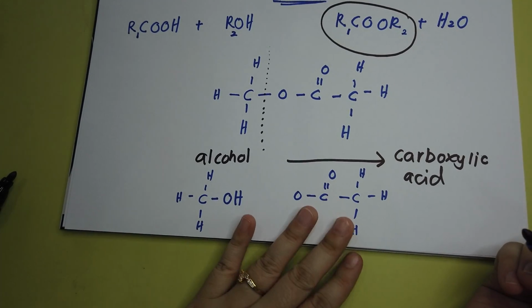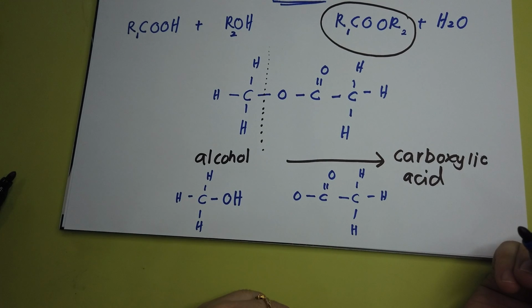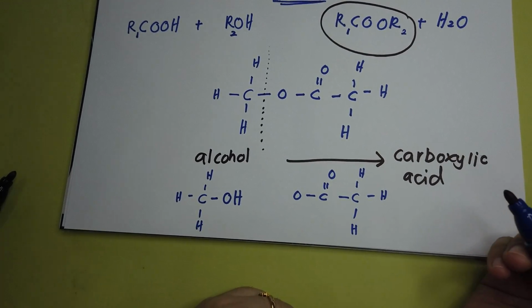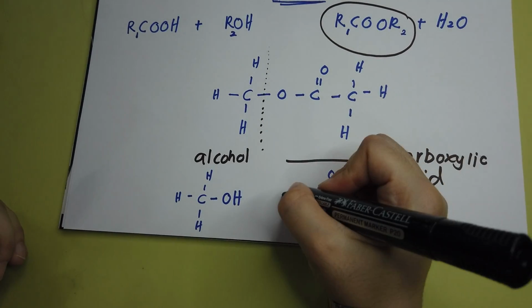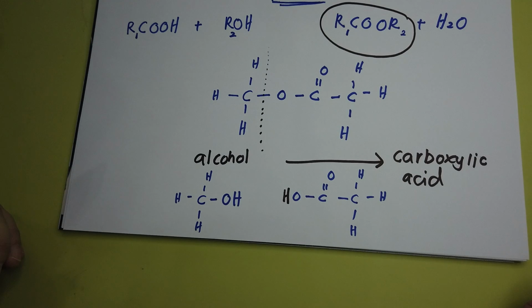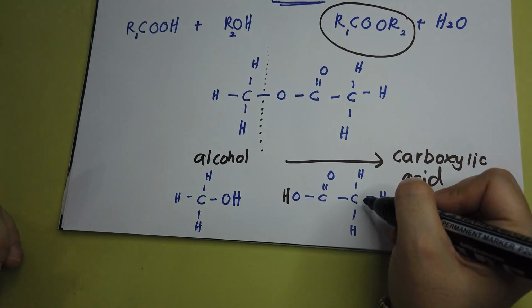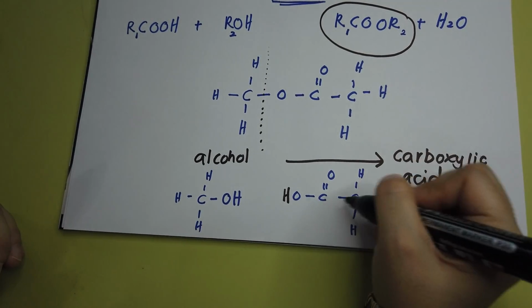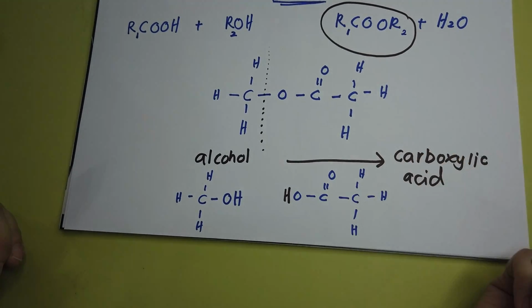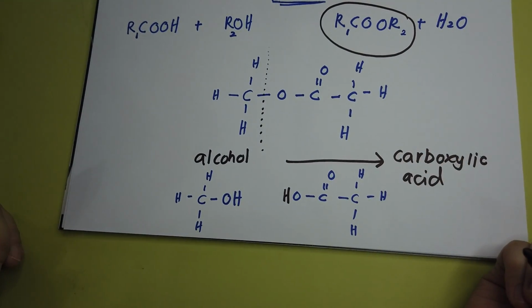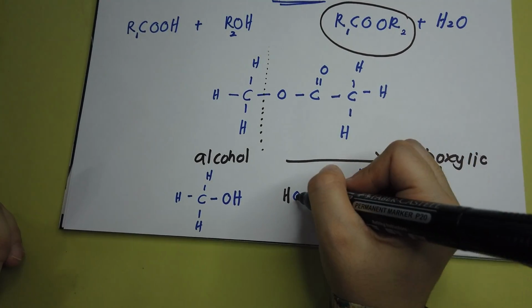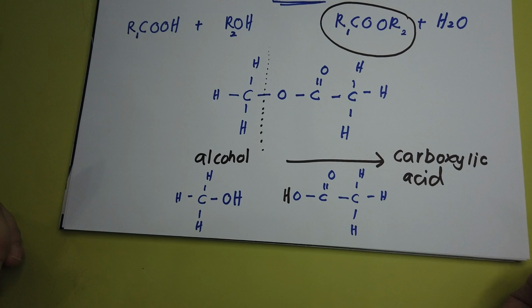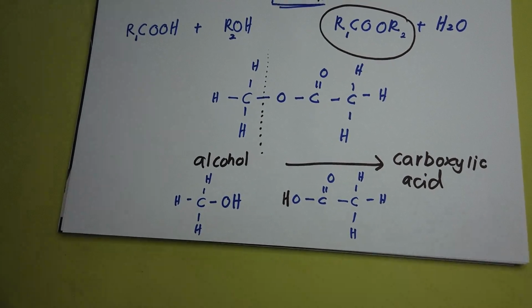Because this one should be a carboxylic acid, and a carboxylic acid must have C double bond O, OH, here we should put H. So, 2 carbon, ethanoic acid, CH3COOH, ethanoic acid. Okay, now we are going to move on to the question itself.